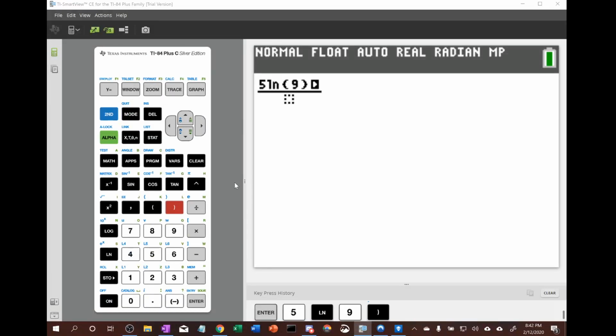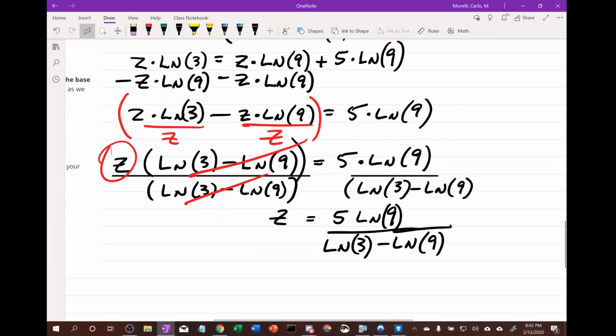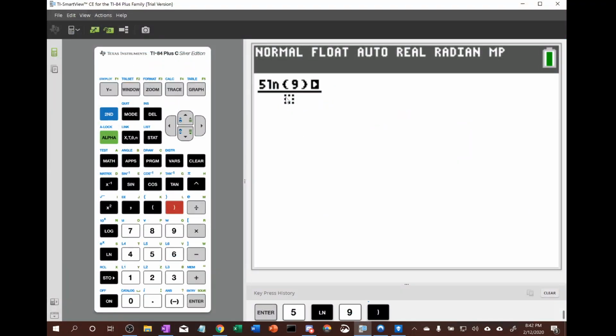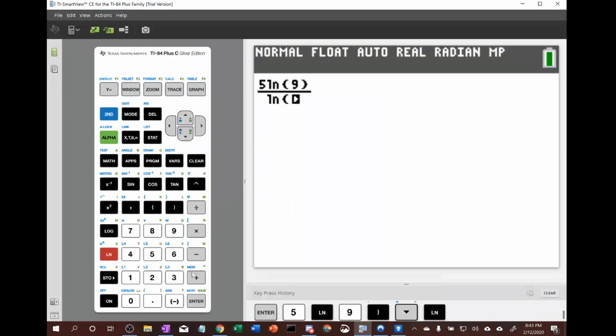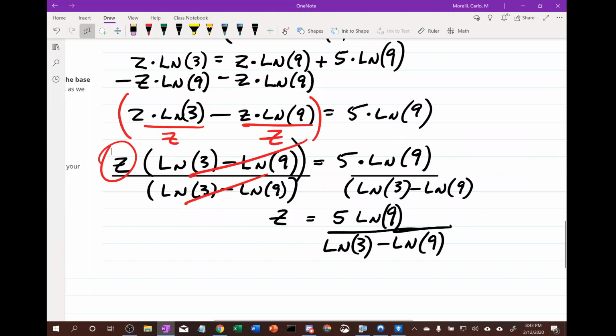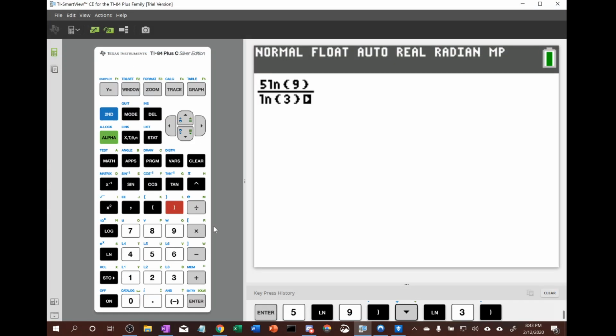Okay, that's all that's on top, right? Yep. Over ln of 3. Back to the ln key, okay? ln of 3 minus the ln of 9.